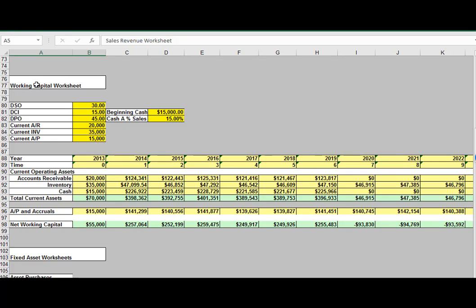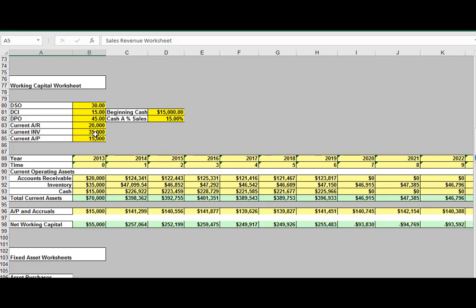So the first thing we want to look at is the working capital worksheet. What kind of working capital, current assets and current liabilities, do we need? Well, currently we have some values on our spreadsheet, on our worksheet, or our financial statements.